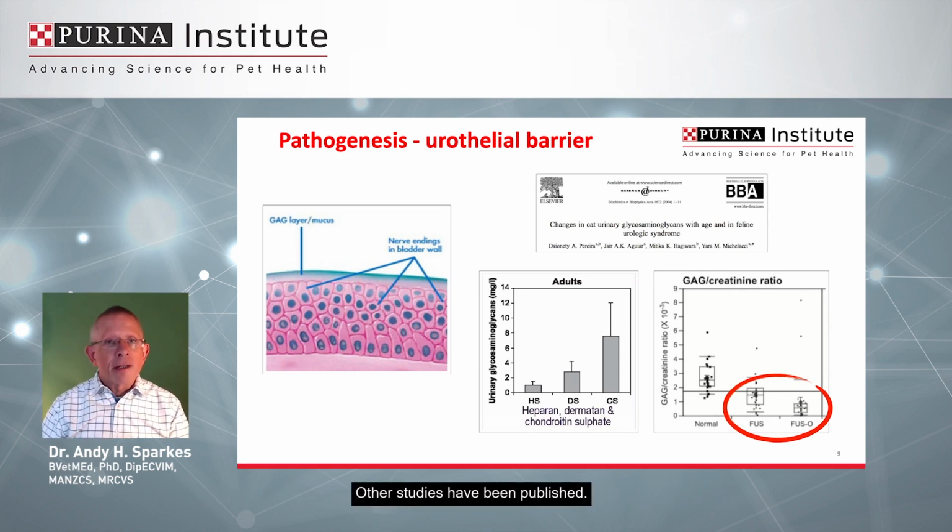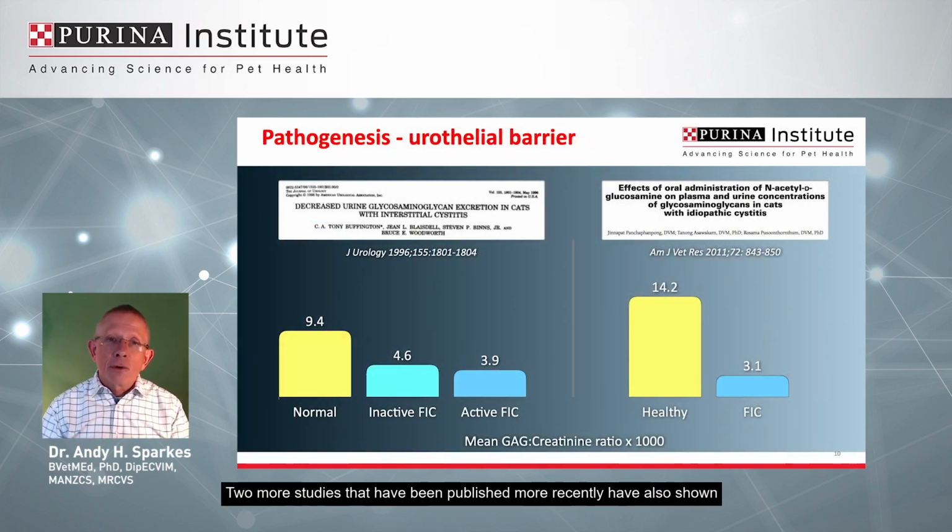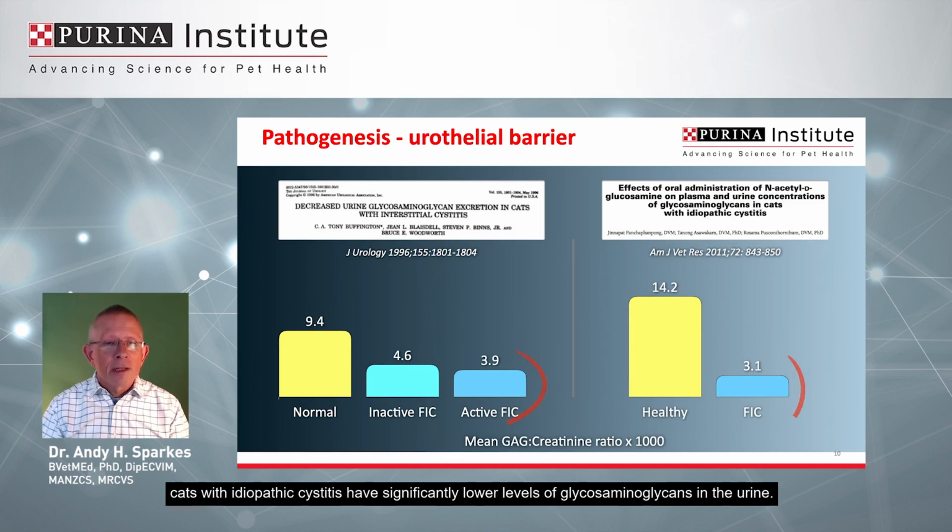Now, indeed, there have been other studies that have been published, 2 more studies that have been published more recently, that have also shown that compared with healthy cats, cats with idiopathic cystitis, whether or not they're having an actual episode of clinical cystitis at the time, have significantly lower levels of glycosaminoglycans in the urine.